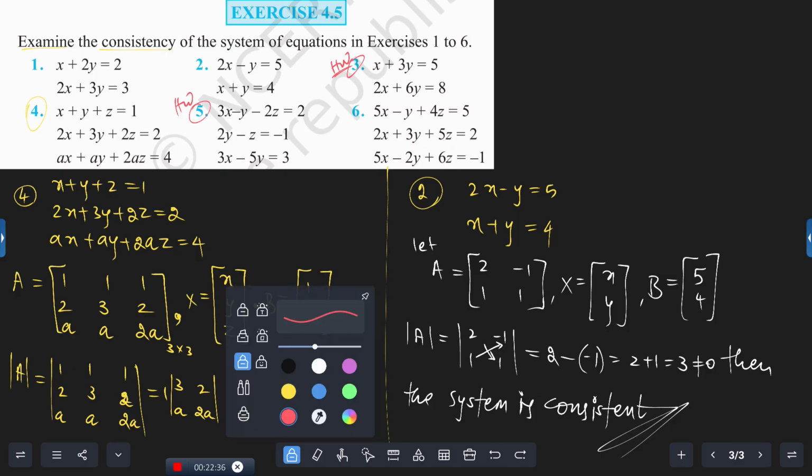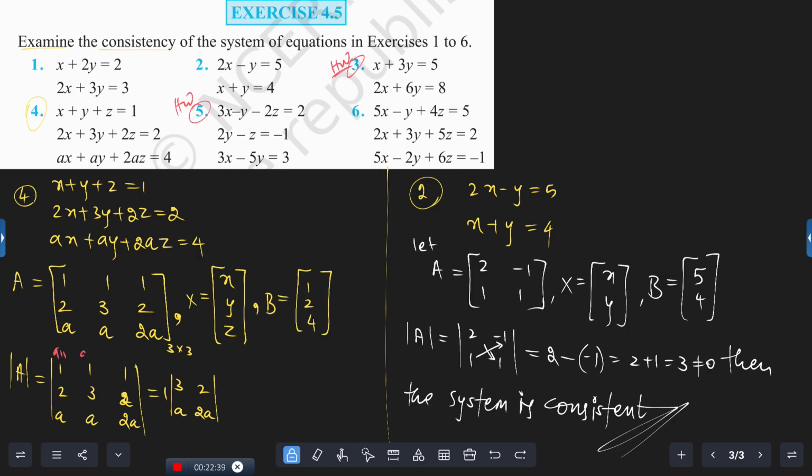Raja, listen, this is A11, A12, A13. What am I getting? 1 plus 2 is 3, odd, which means negative, so you should give minus here. Then element A12, which is 1, you have to write.